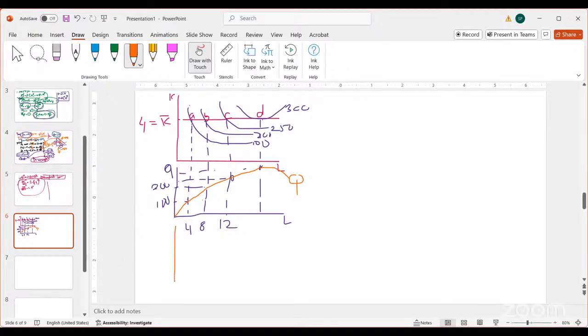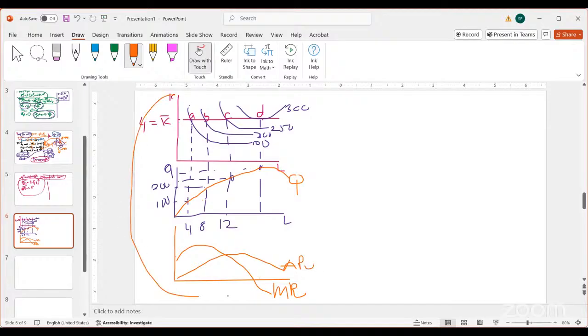And with that, we already drew the marginal product function and also the average. So this is to visualize the short run.